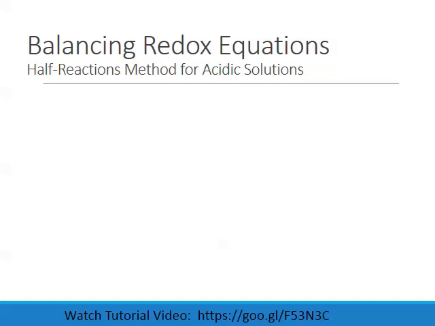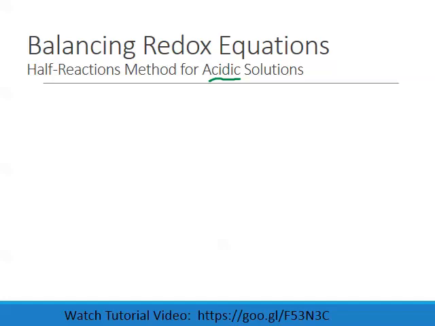Redox reactions will happen in either an acid solution or a base solution, and that's important because it affects the steps that we're going to do. So I'm noting here that we're going to look at acid solutions to begin with. So we're balancing by half reaction method in an acid solution.